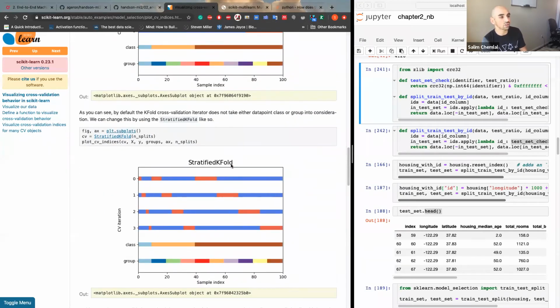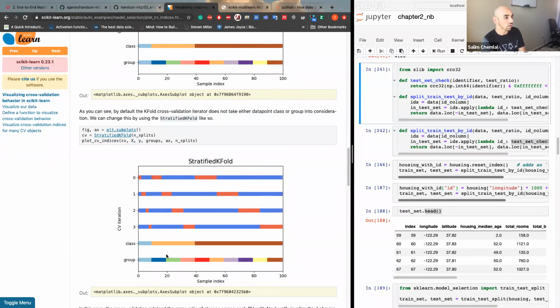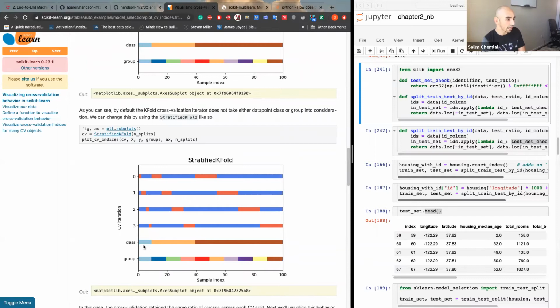And then what's a stratified k-fold? Oh, okay, a stratified k-fold is where we go to every class, and then we apply k-fold on every class. So we go to this class, and we apply k-fold on this, then we go to this class, and we apply k-fold on that, and same thing, right?